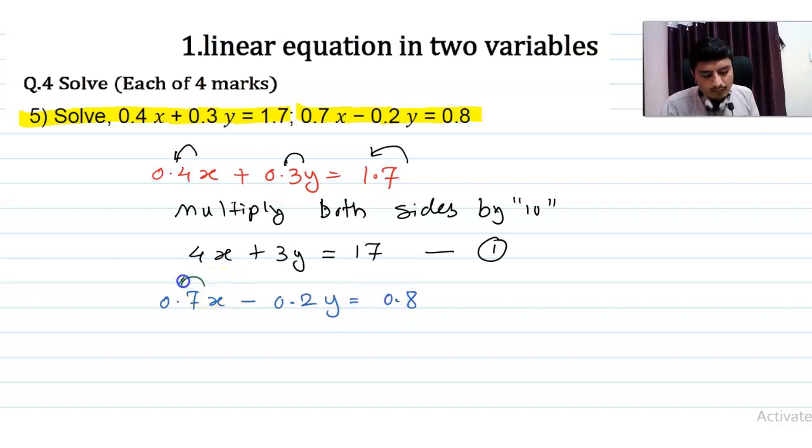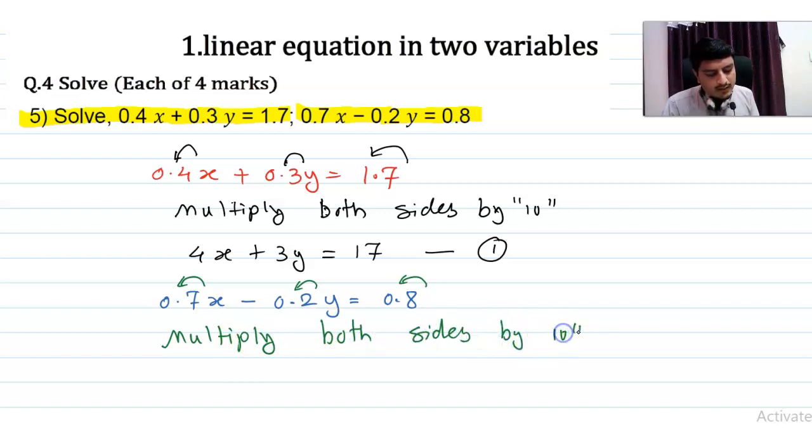Again we have the decimal after one place in the coefficients of x and y on the LHS, and the same in the constant on the RHS. So multiply both sides by 10 again to convert the coefficients and the constant into integers. 0.7 into 10 is 7, so 7x, minus 0.2 into 10 is 2, so 2y, equals 0.8 into 10, which is 8. Call it equation number 2.